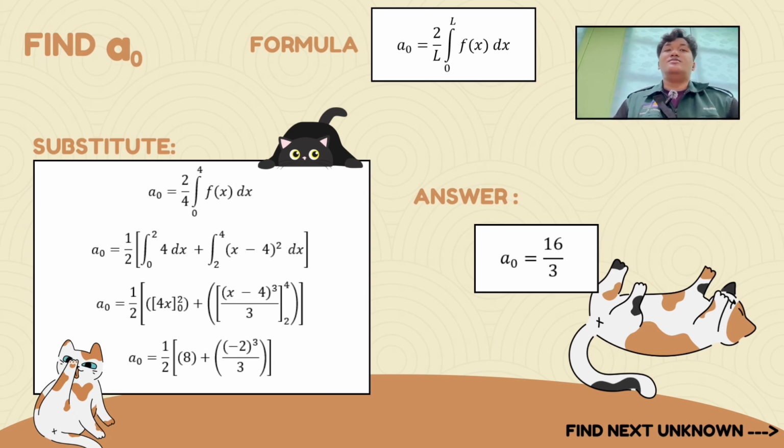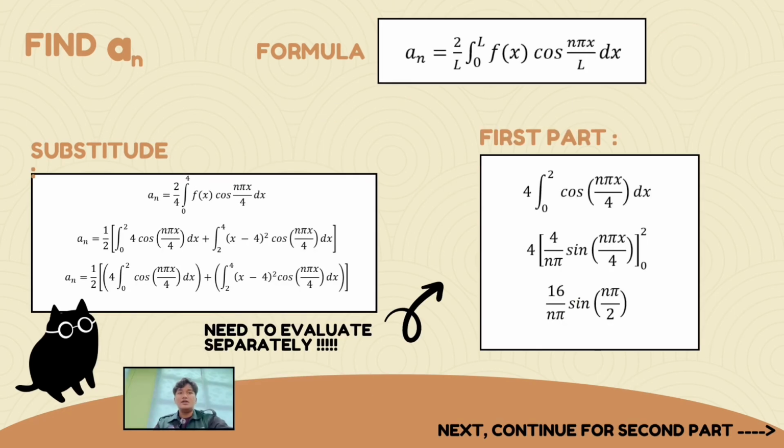Next, let's find the second unknown, which is an, and the formula is also given. Let's substitute it first. After the substitution, it divides into two parts. The first part we can integrate as usual, but for the second part we need to use integration by parts, so we need to evaluate it separately.